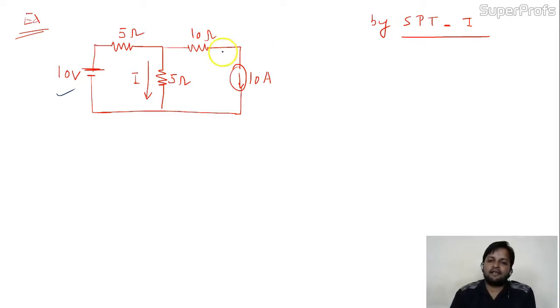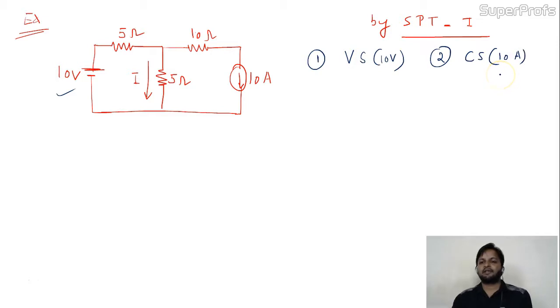Here in this circuit I have two independent sources. Number one is the voltage source having a value of 10 volt, and second is the current source, and the value of that source is 10 ampere. I have two sources here. Now one by one I'll take the sources and we'll find the response of that circuit.